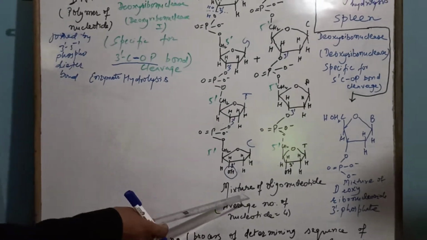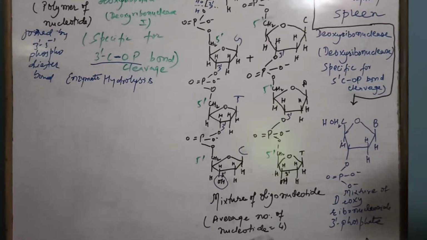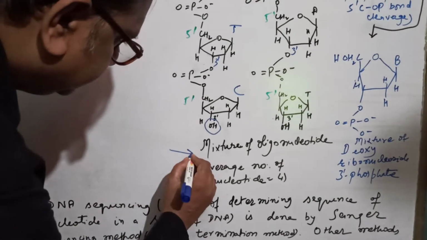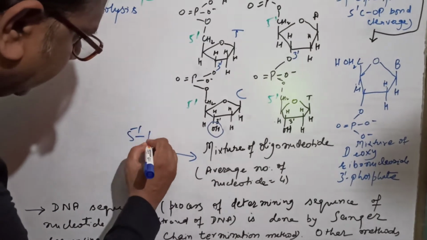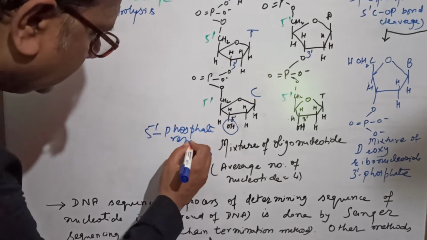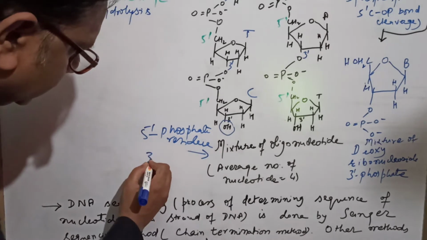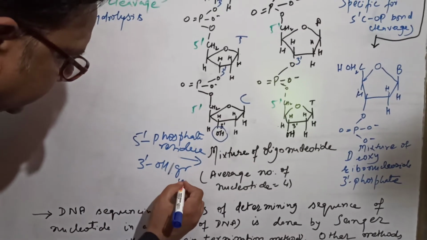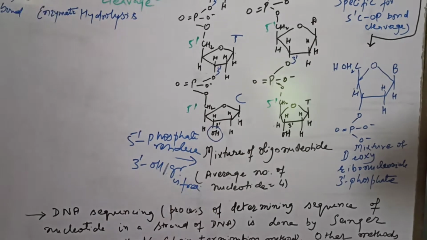So that is a mixture of oligonucleotides. The average number of nucleotides is 4, and these have a 5' phosphate group residue, and at 3' the OH group is free. This is the result.